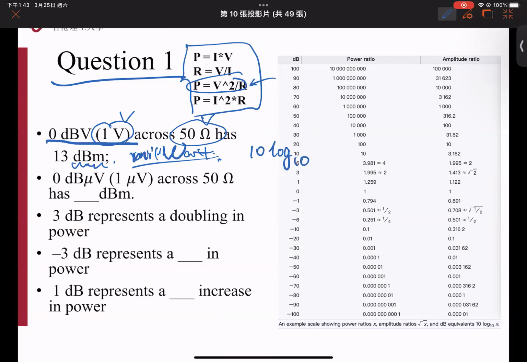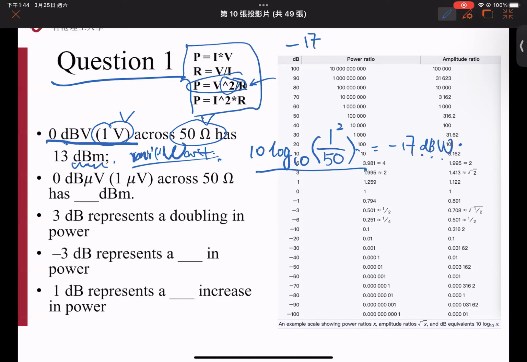Then we calculate the power, which is 1 over 50, with a square because we have this here. If you calculate this value, it should be about minus 17 dBW.